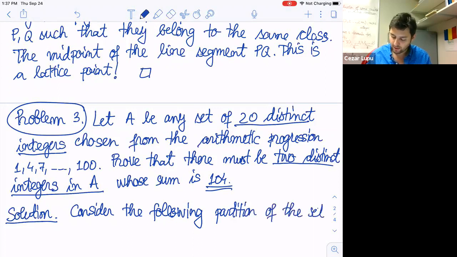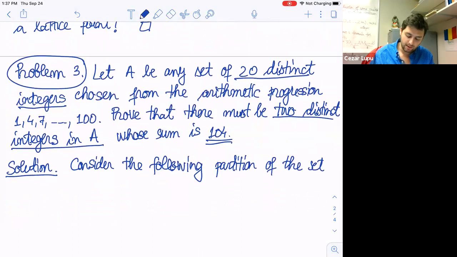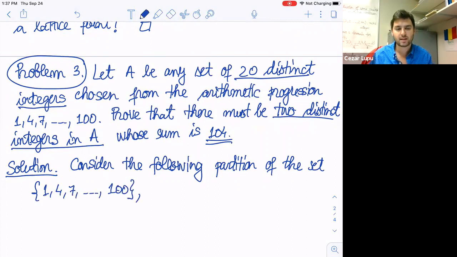We're given this set, so let's write it again: 1, 4, 7, up to 100. What kind of partition should we consider, given that you have to show there exist two of them with their sum 104?